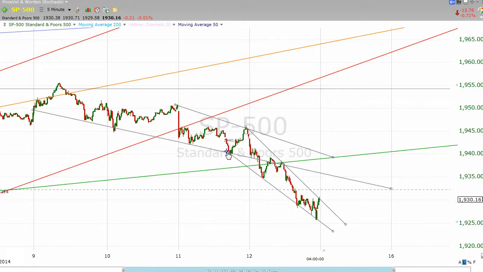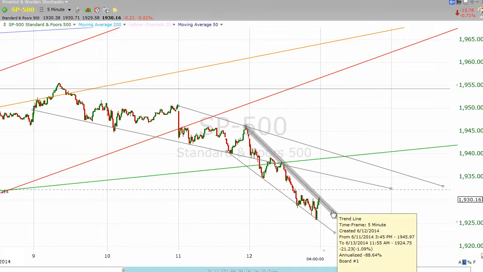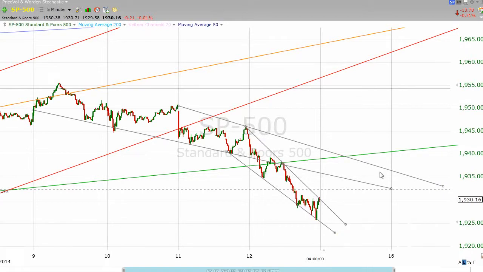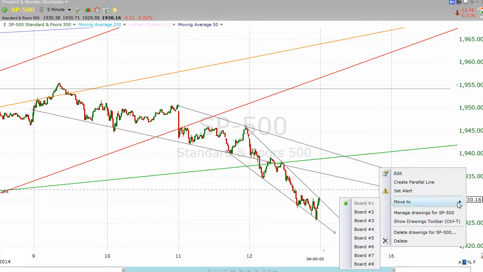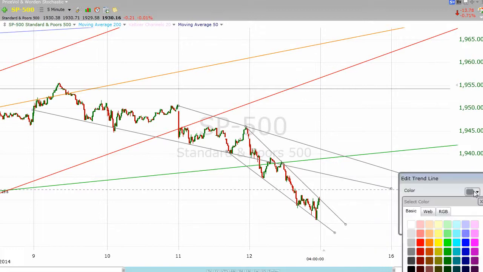So if you're looking for a sign as to when this might turn around, I would give you 2 things. I would say the first thing would be a break of this line right here. The second thing would be a break of this line right here. So with that in mind, let's make both of those lines. Oh, what's a good color?